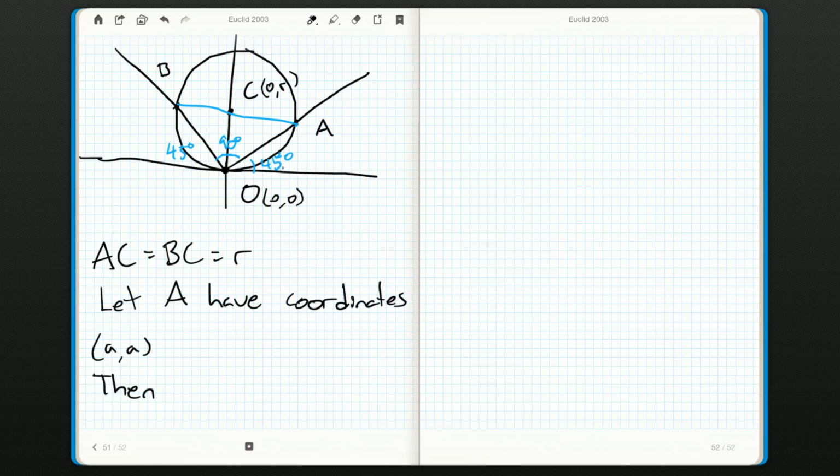I was trying so hard to avoid using the equation for the circle, but a minus 0 squared plus a minus R squared has got to be R squared. And that actually already shows us that both AC and BC have to be R, so we haven't gained anything new there.